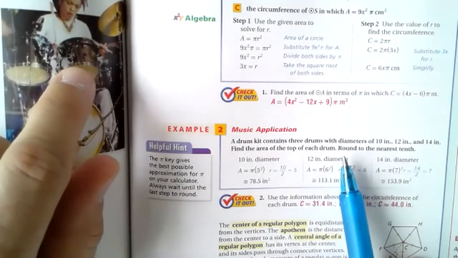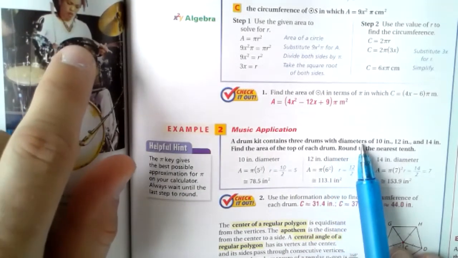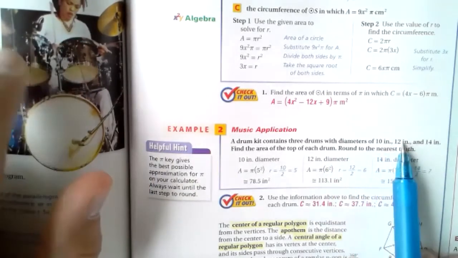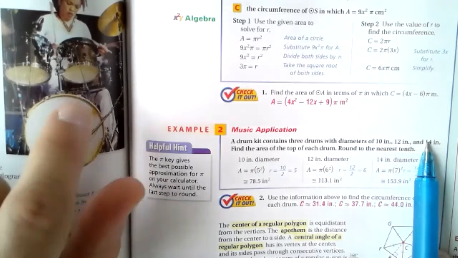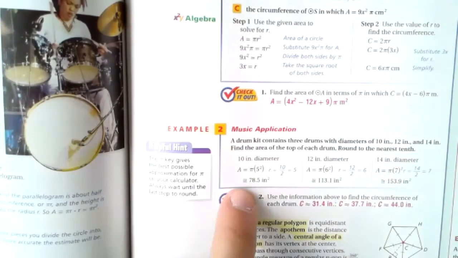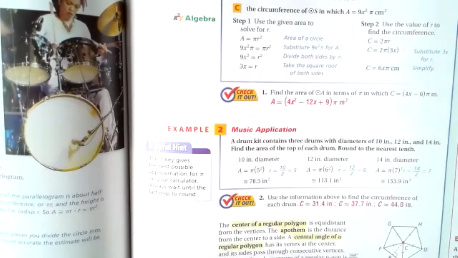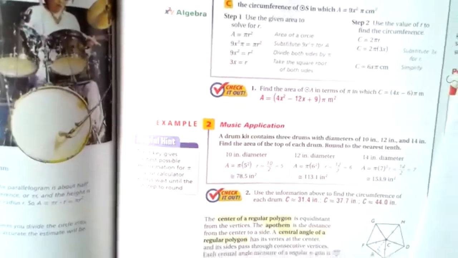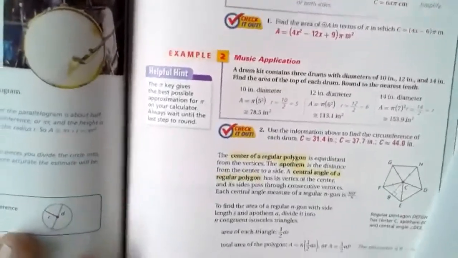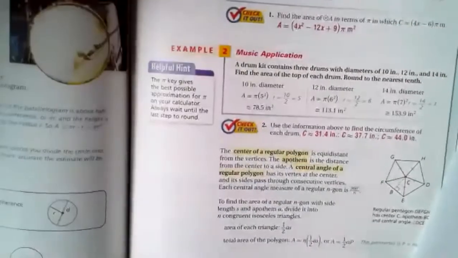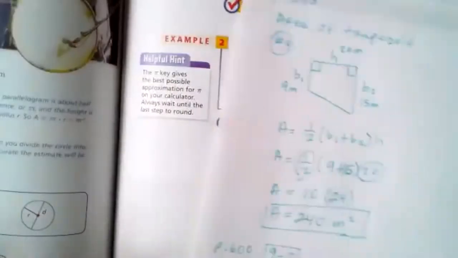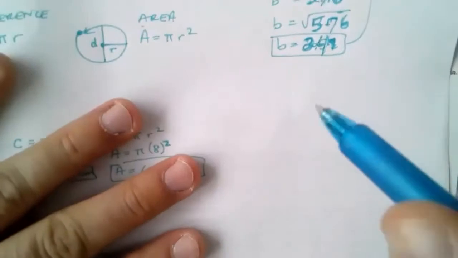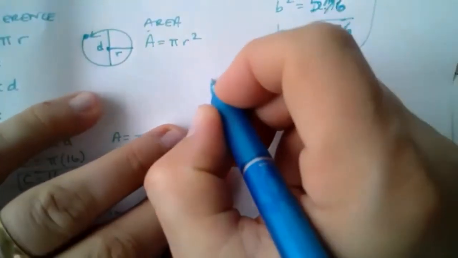So 10 inches, 12 inches, 14 inches, and small area, medium area, large area, okay? So this should be small, medium, large, just like that. So if you'll notice, the formulas for the area of a circle, since the drum is a circular figure, you're going to come over here and let's fill in our blanks. Let's find example 2.